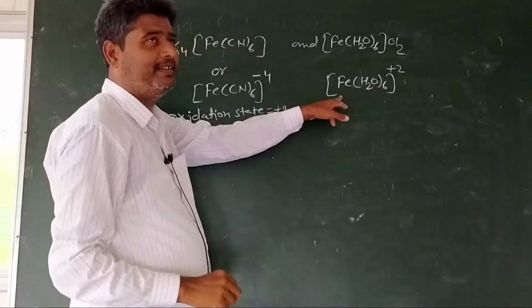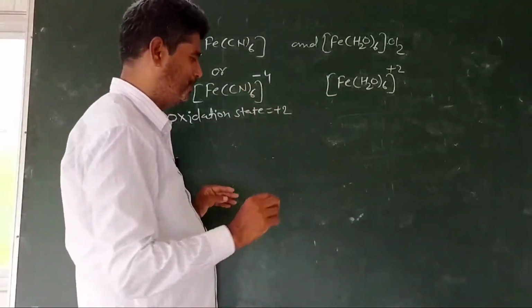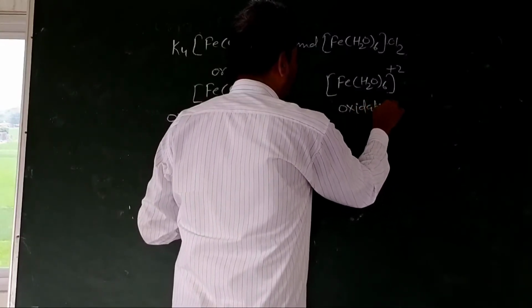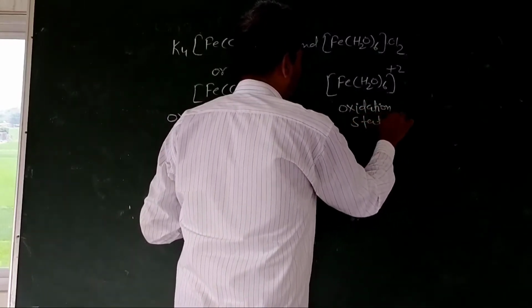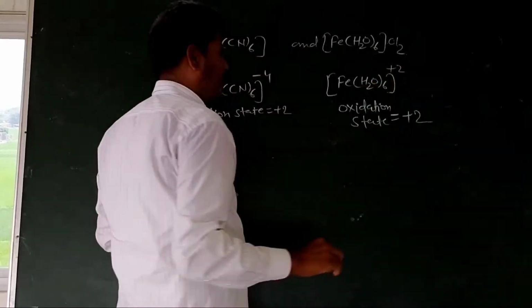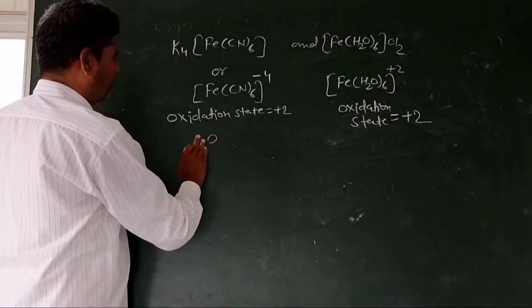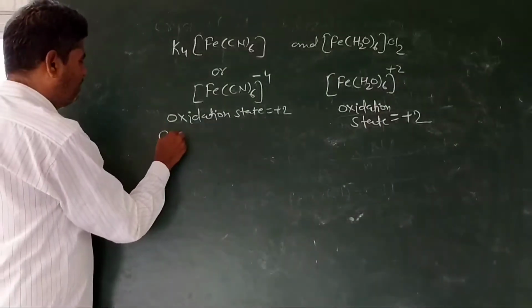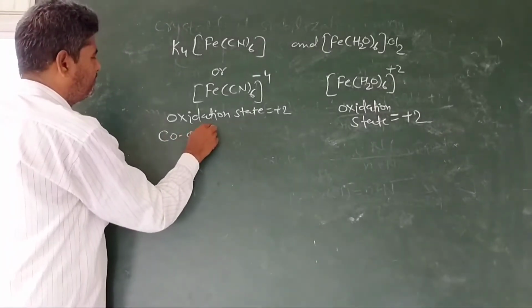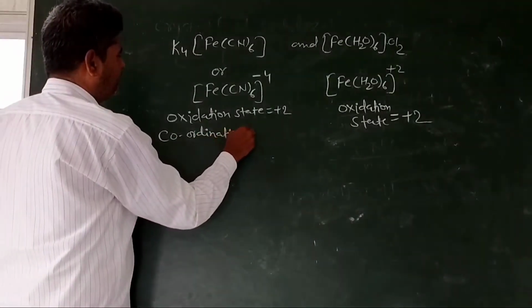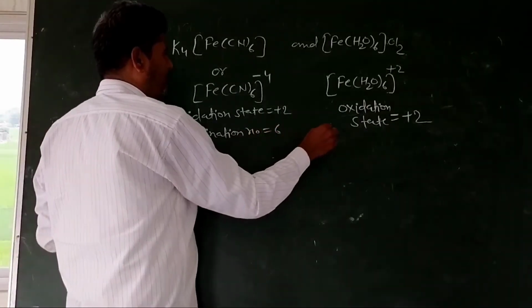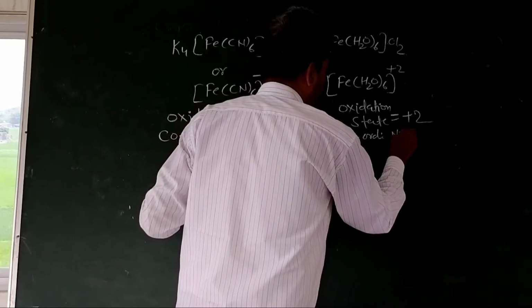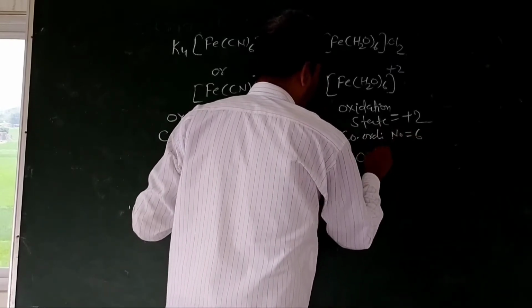Similarly for this, the oxidation state of Fe is also +2. Both are octahedral, coordination number 6, coordination number 6.